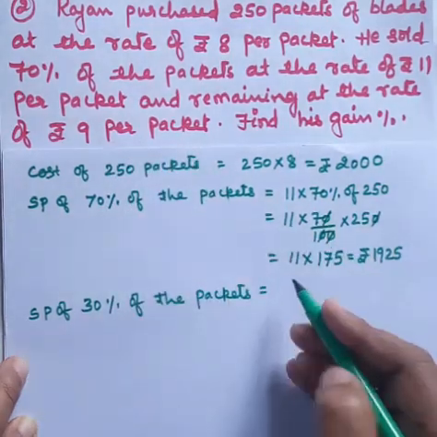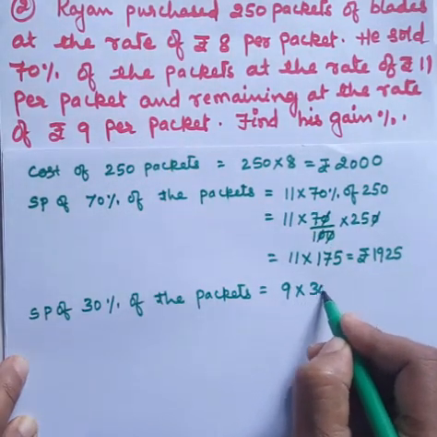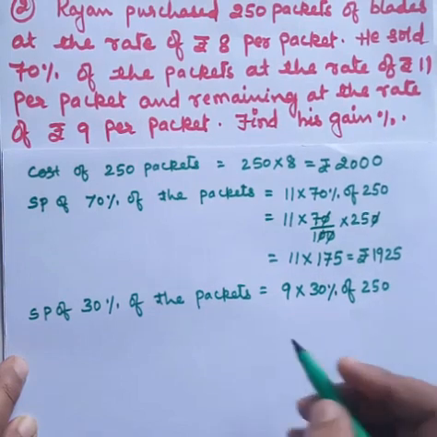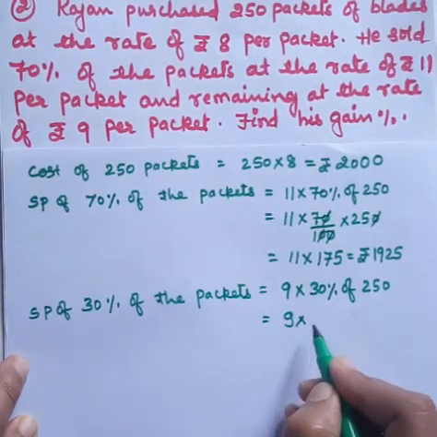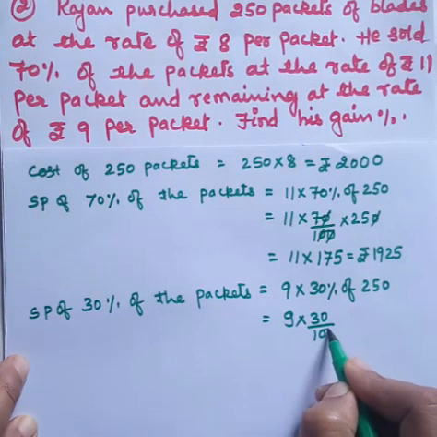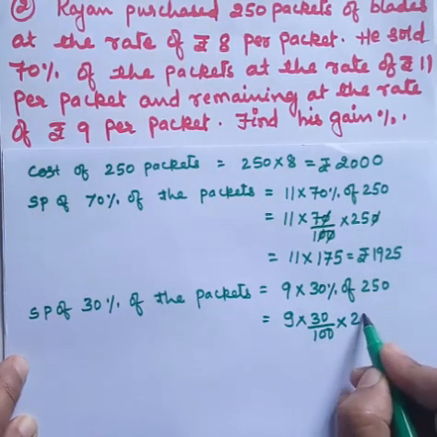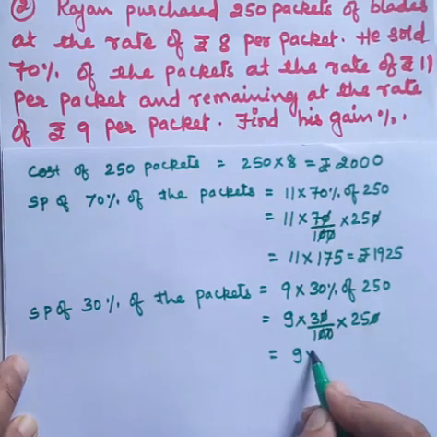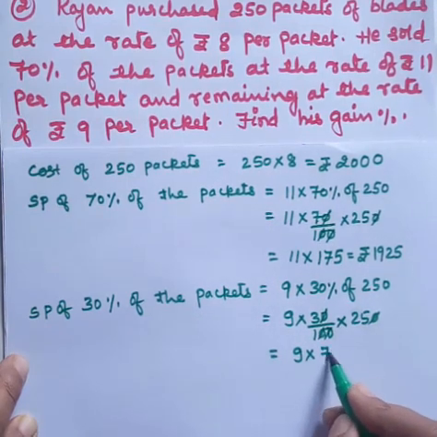Cost is 9 per packet. So 9 into 30% of how many packets were total? 250. So 9 into 30 by 100 into 250. So 0 0 0 0 cancel.